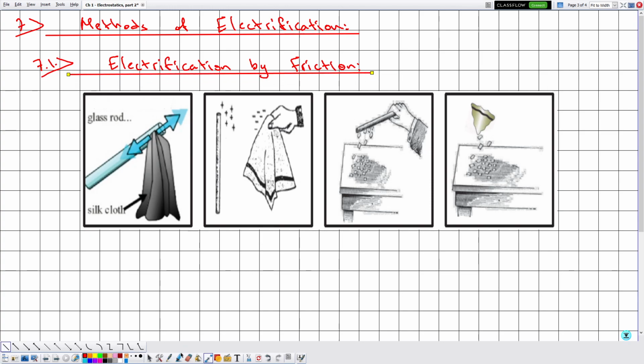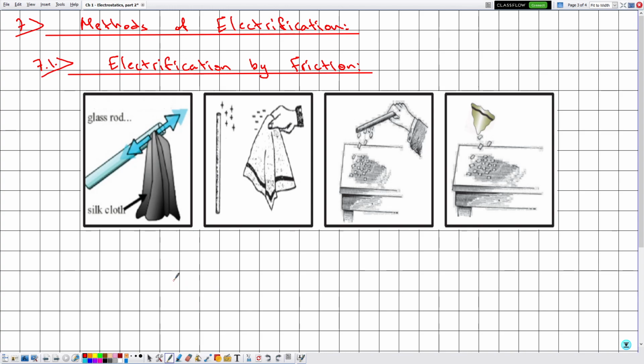Before we proceed with this experiment, let me name these. This is document 1, this is document 2, this is document 3, and this is document 4. So idea number 1. In the first document we're going to bring two materials.